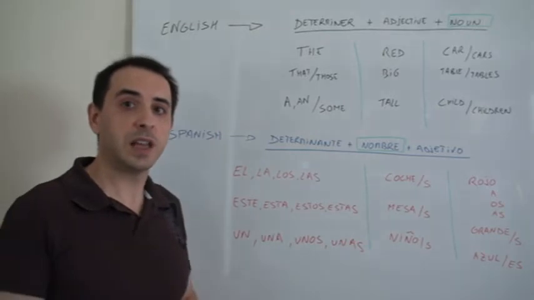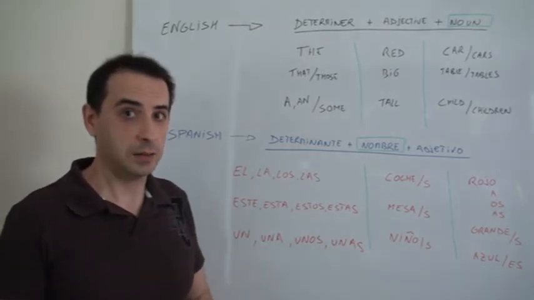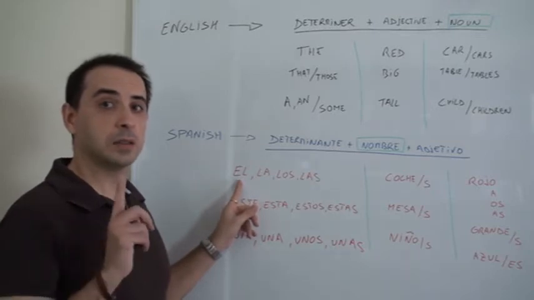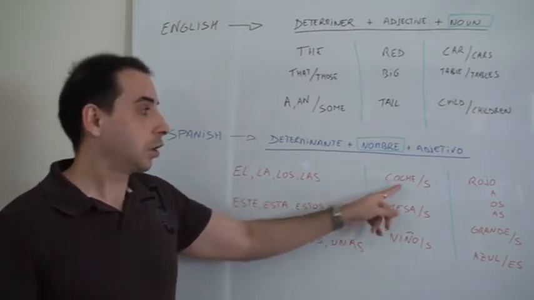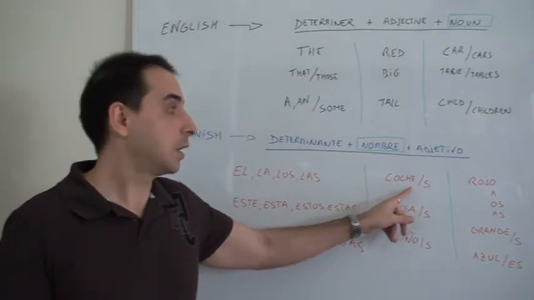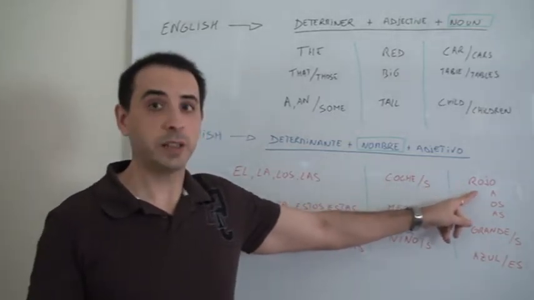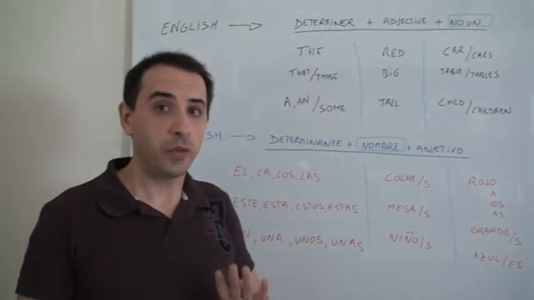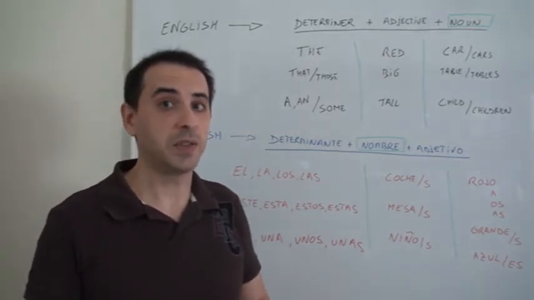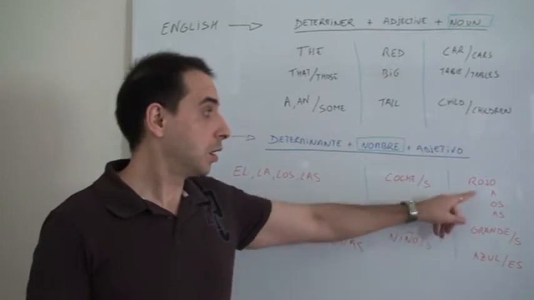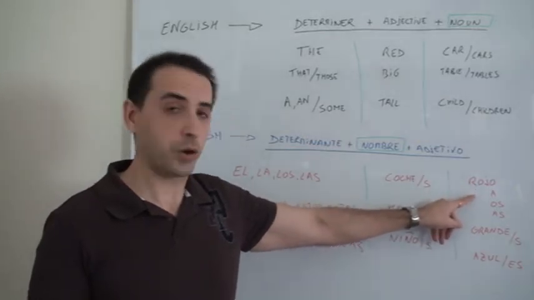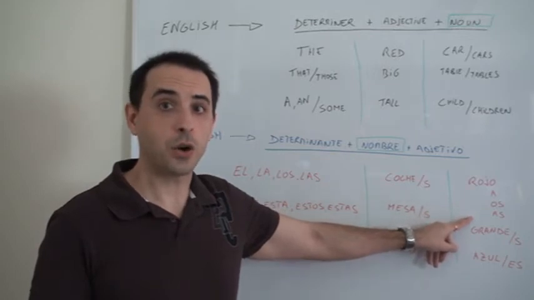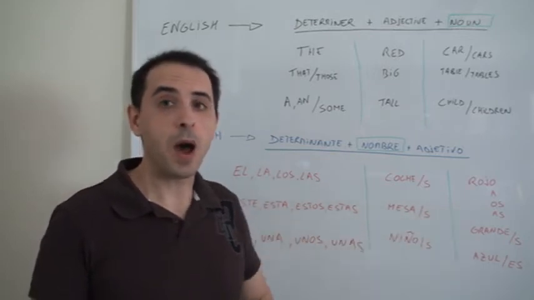If I want to say the red car, I should say el, because it is masculine singular, coche, and then red, rojo. But we have four options for the adjective red: rojo, roja, rojos, rojas. Why?